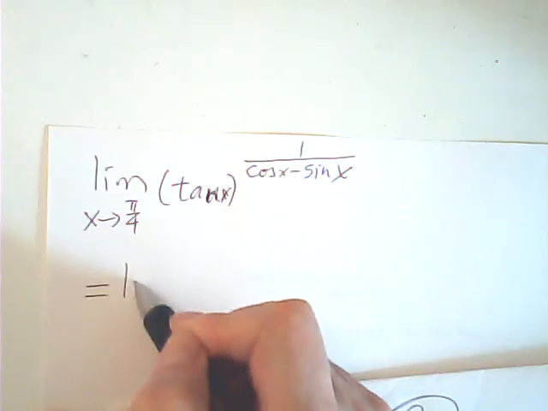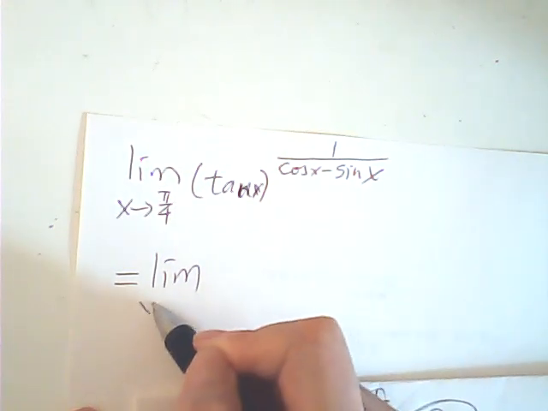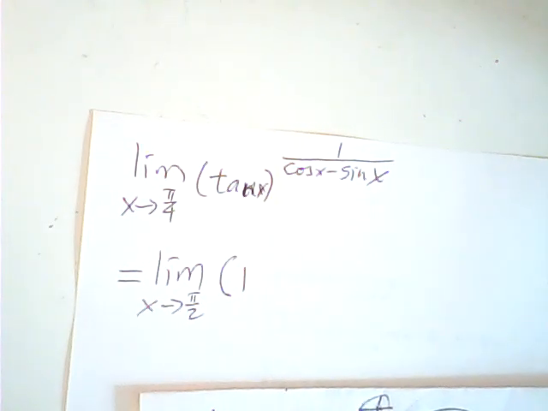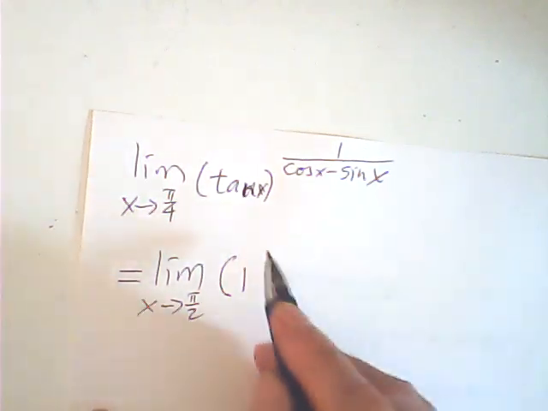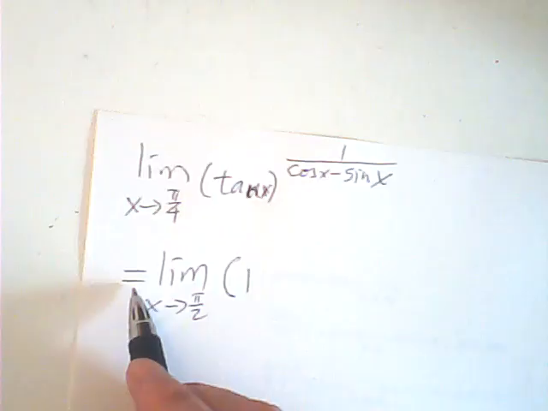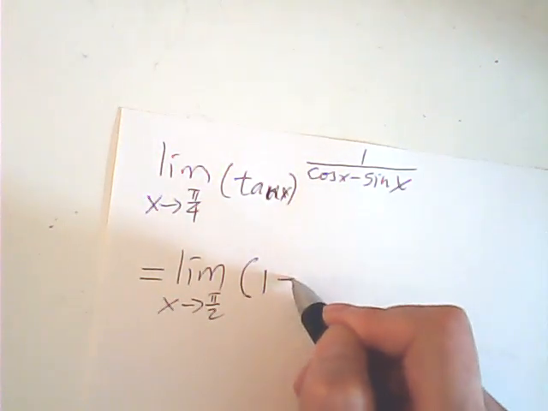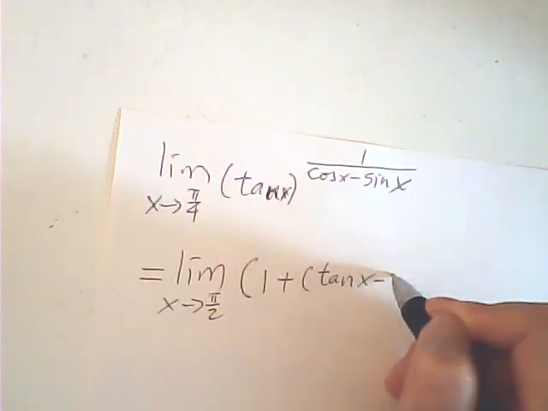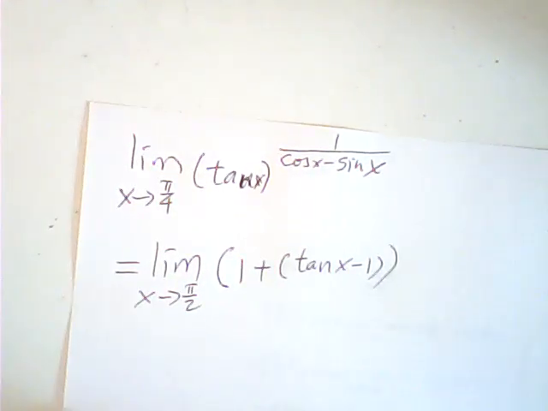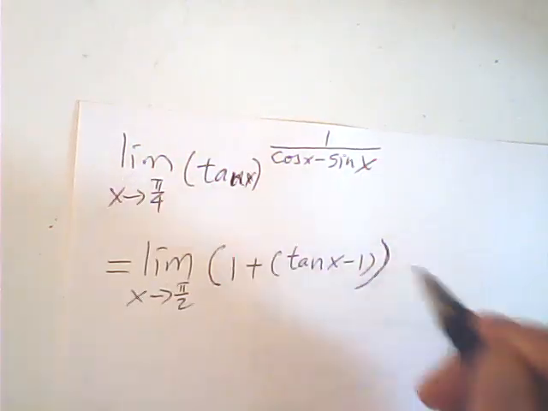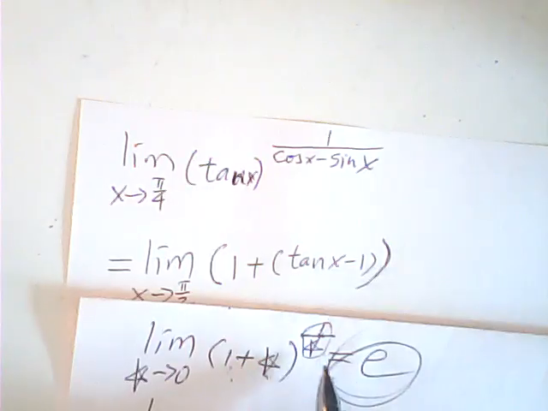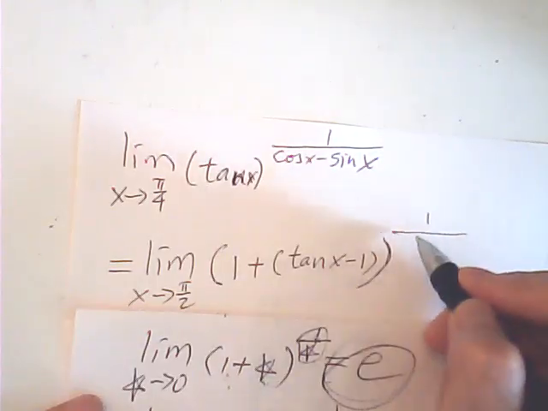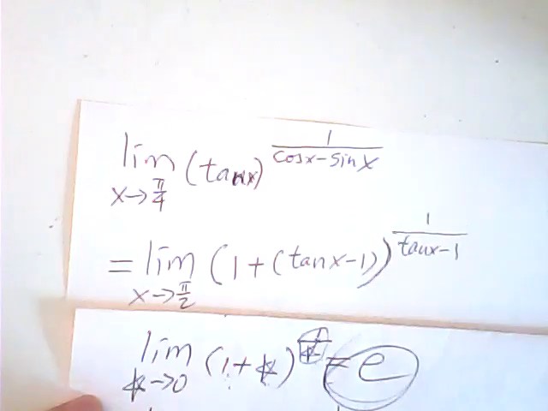So this one is equal to the limit as x goes to quarter pi. I need a 1. But I must keep the equal sign. Okay, so therefore plus tangent x minus 1, right? Yeah, this is good. And I must have this reciprocal, 1 over tangent minus 1.